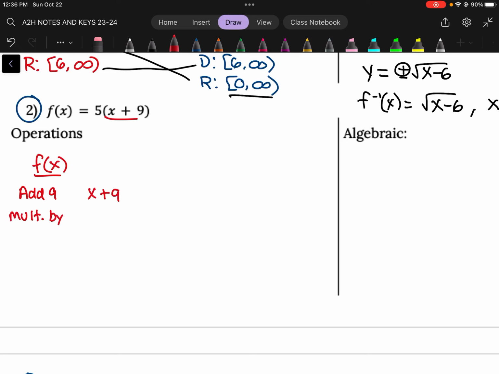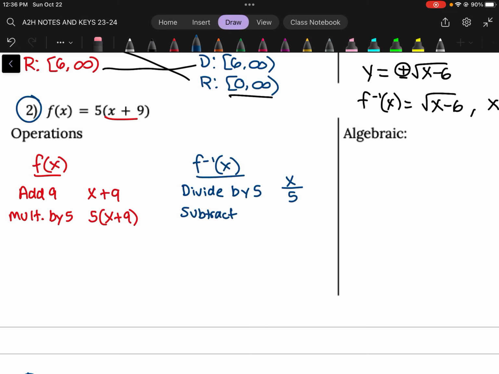So x plus 9, and then we multiply by 5. So it becomes 5 times x plus 9. Inverse-wise, right, we are going to divide by 5. Right, so we take our x over 5 and subtract 9.